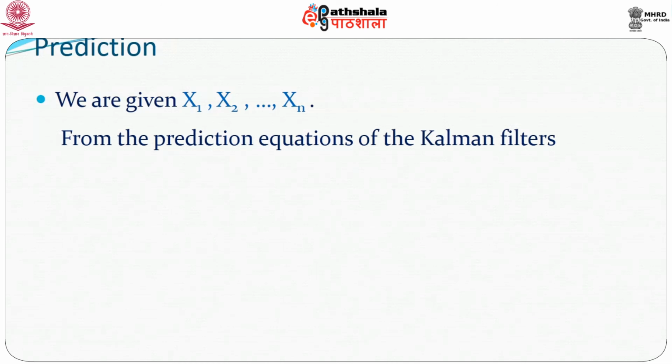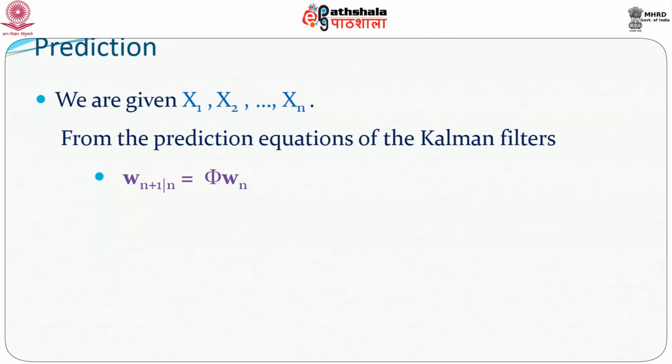From the prediction equations of the Kalman filter, we can predict the latent vector w_{n+1} given w_n as phi times w_n. So given the n observations, we know w_n, and phi times that would be the predicted value of w_{n+1}, which we denote as w_{n+1|n}.